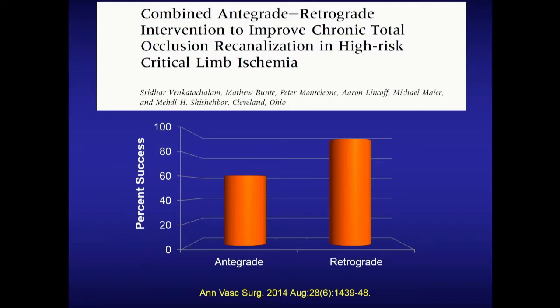We would limit our antegrade approach to 10 minutes. As Dr. Birlakes said in the CTO session, we move on quickly. If this hydrophilic wire doesn't work, we go to a CTO wire. If the CTO wire doesn't work, we go to a 0.035 wire. And then if that didn't work, we go retrograde. We showed that we could take our success rate from the low 60% to about 97, 98%.